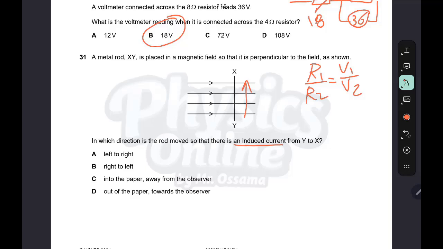When you use Fleming's left hand rule, it's not the left hand rule, it's induced current, so we use Fleming's right hand rule because it's induced current. The rod moves out of the paper, towards the observer.